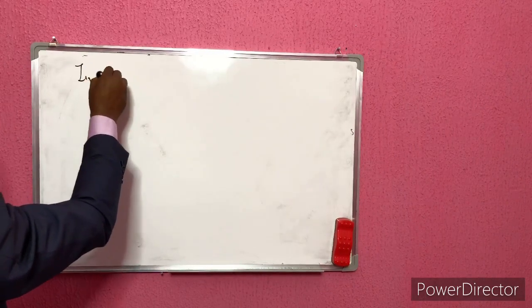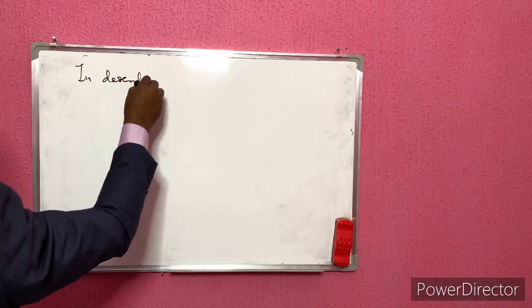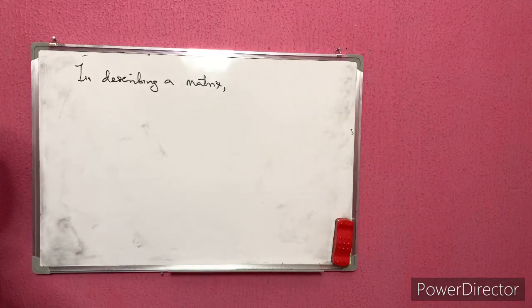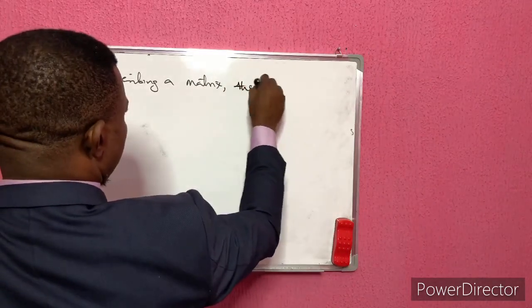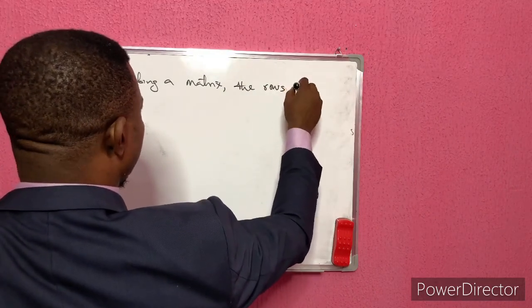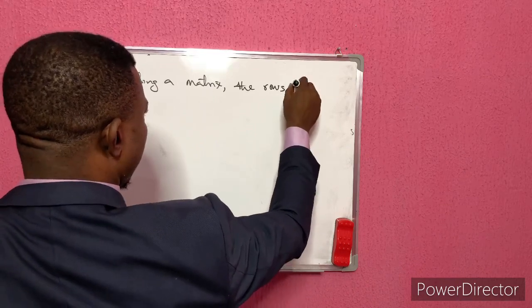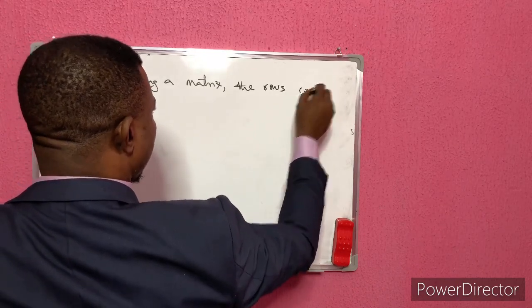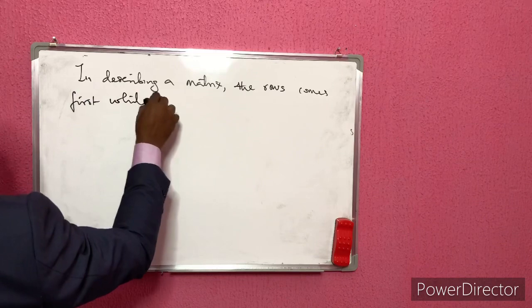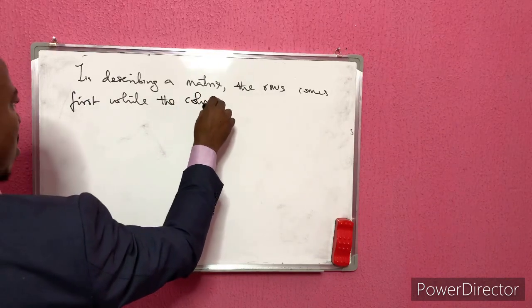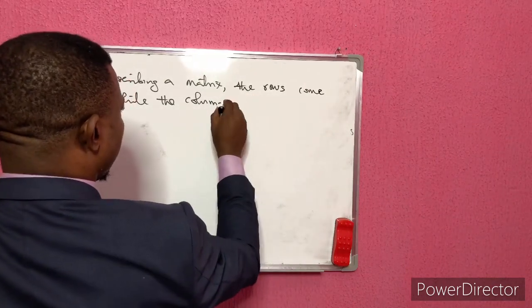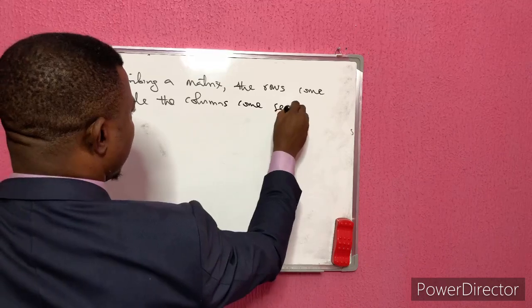In describing a matrix, the rows come first, while the columns come second.